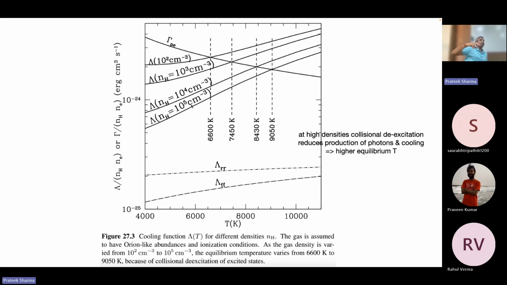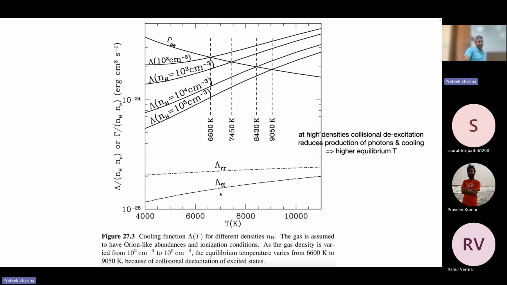If your density is higher, some of these de-excitations happen through collisions rather than through emission of photons. And if you have de-excitation through collisions, no energy is lost because no photon is produced. So as you increase the density, you are reducing the cooling rate because no photons are produced in that case. So that's what is happening. So with increasing density, the equilibrium is reached at a higher temperature.